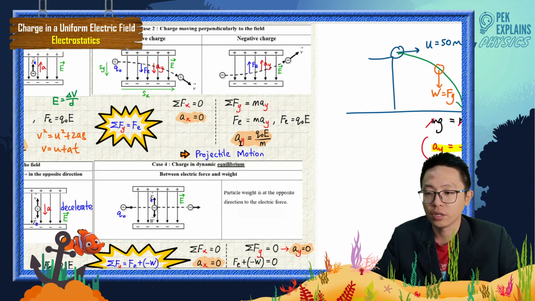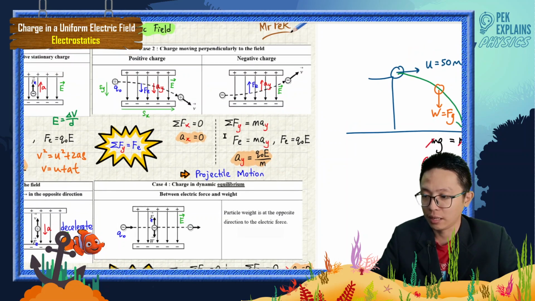So to find the acceleration in y component, now how to find? Just like in x component the force is 0, Ax is 0. In y component, the force is the electrostatic force. Fy equal to May, so substitute Fe equal to May. Fe again is Q naught E, the same as before.